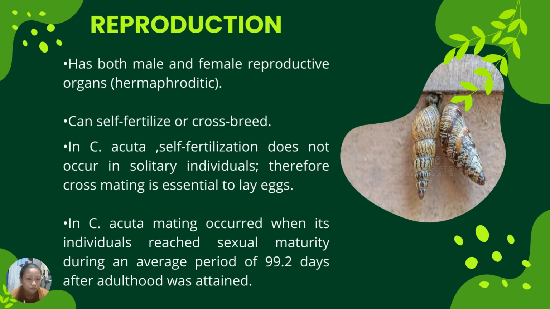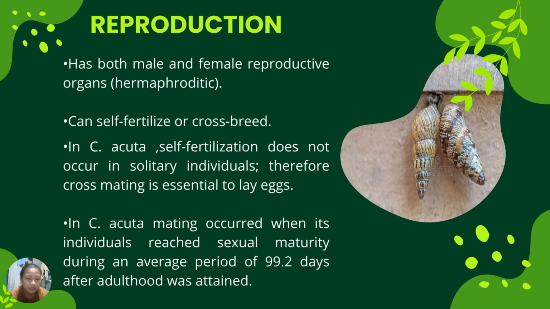Because they have both male and female reproductive organs, they can self-fertilize or crossbreed. In Cochlicella acuta, self-fertilization does not occur in solitary individuals; therefore, cross-mating is essential to lay eggs. Some species of snails can self-fertilize and crossbreed, but in this species, cross-mating is essential to lay eggs.